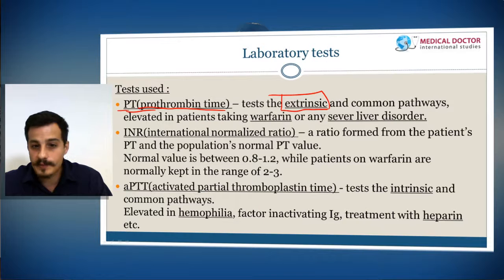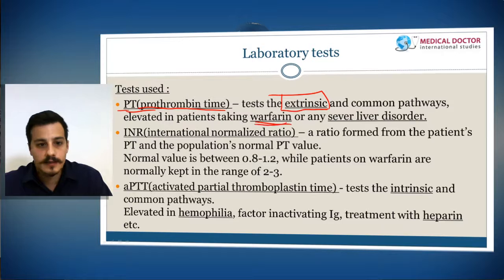Now, if you remember, as we said before, one of the factors that is associated with the extrinsic pathway, which is factor number 7, is one of the factors that is vitamin K dependent. And so PT is very useful to monitor patients who have been receiving anticoagulants which block the action of vitamin K, for example, warfarin.